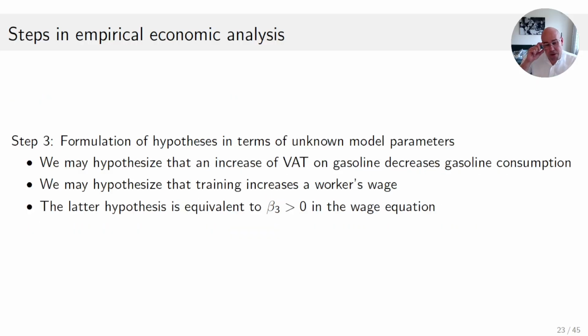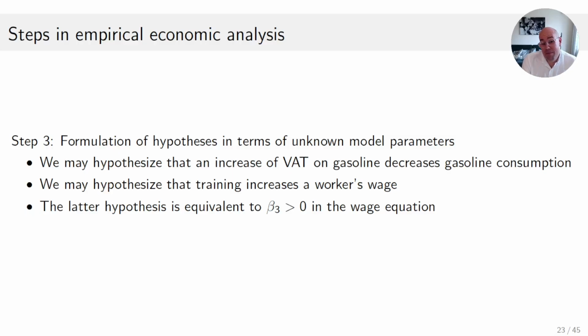Good. So once we have our econometric model formulated, what we want to do is we want to formulate hypotheses in terms of the unknown model parameters. So these would be the betas in my model. So we may, for instance, hypothesize that an increase of VAT on gasoline decreases gasoline consumption. So there would be a negative effect.